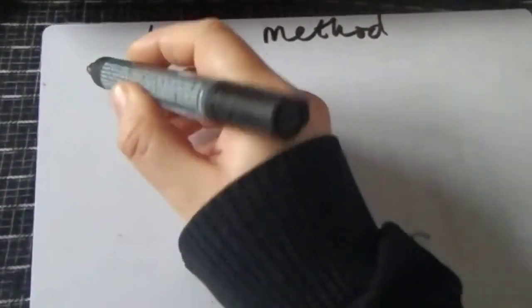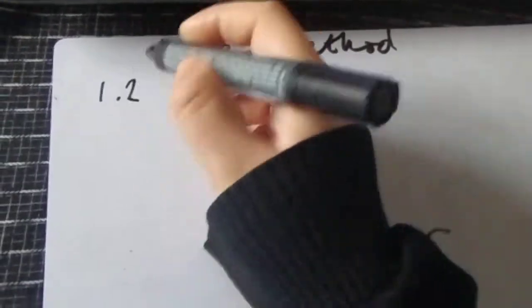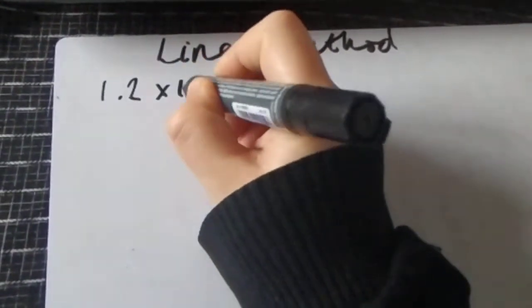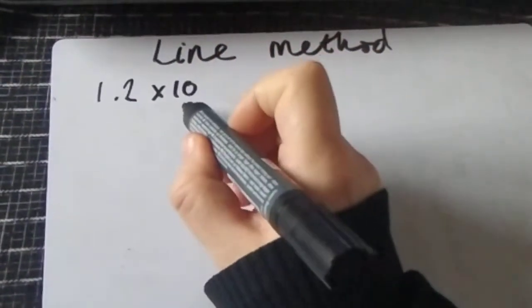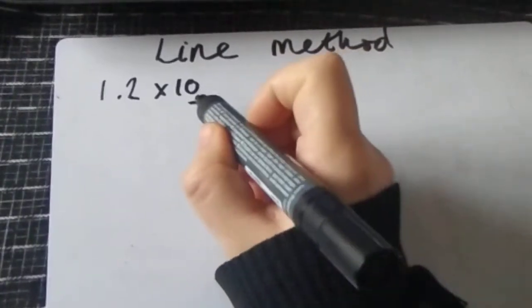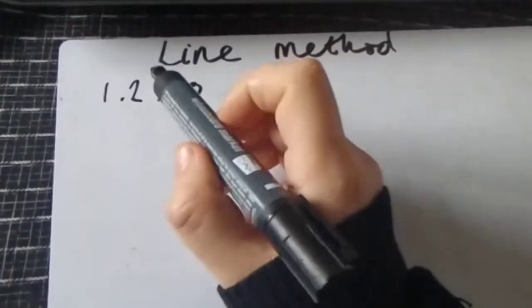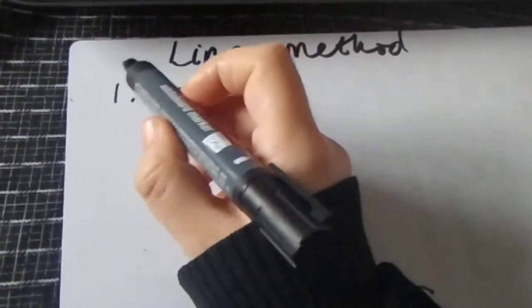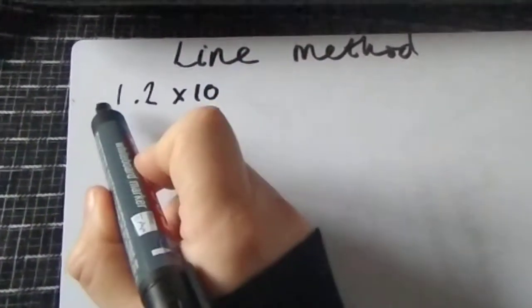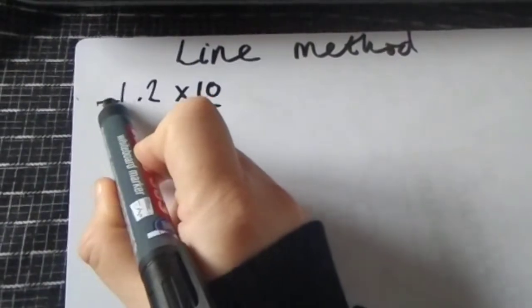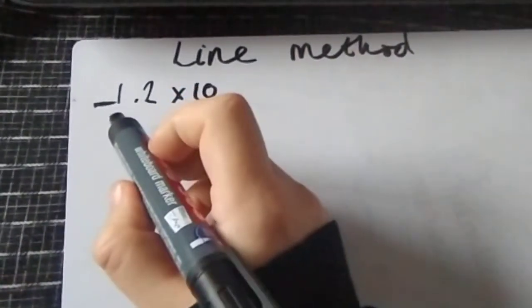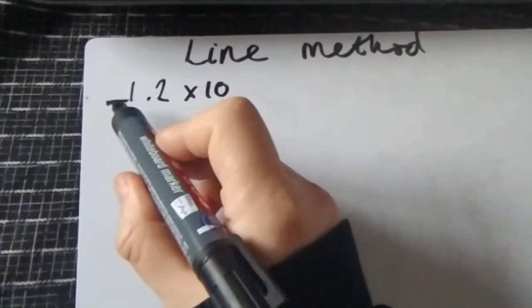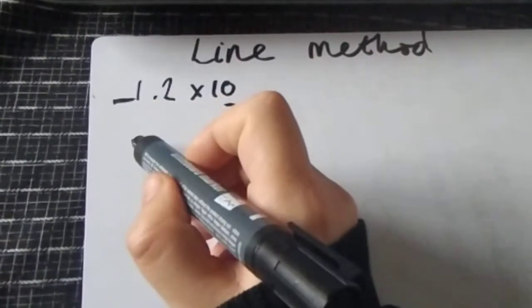So let's say 1.2 times by 10. When we times by 10, everything gets 10 times bigger, and every digit moves one place over to the left. So what we do is we put one line, which is why it's called the line method, to the left of our first digit here.